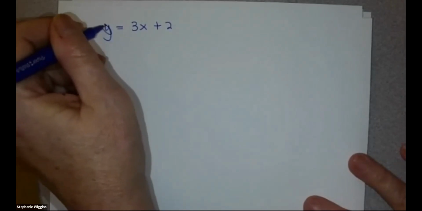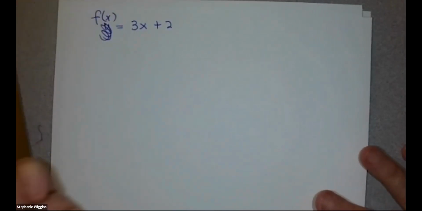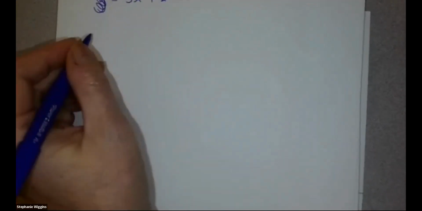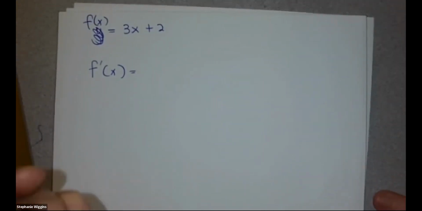So think of this as f of x. When we differentiate this, what is the derivative, f prime of x? 3. Right. Okay. Well, let's extend that over now to our function.